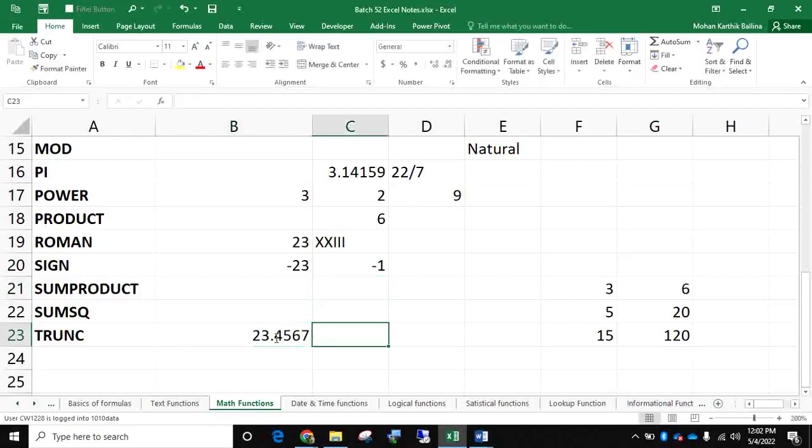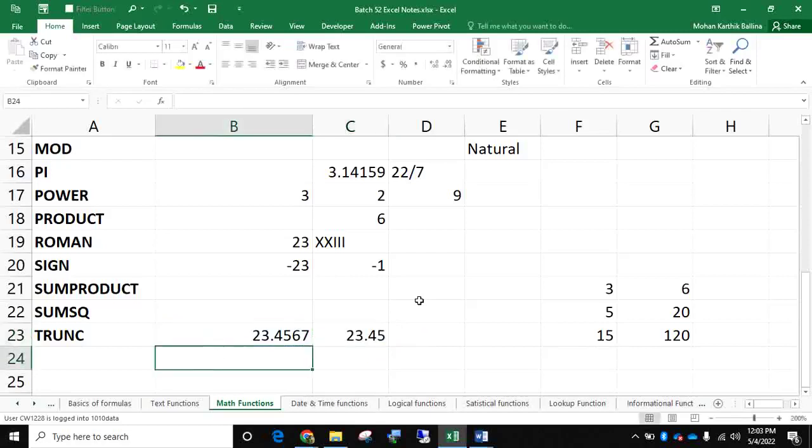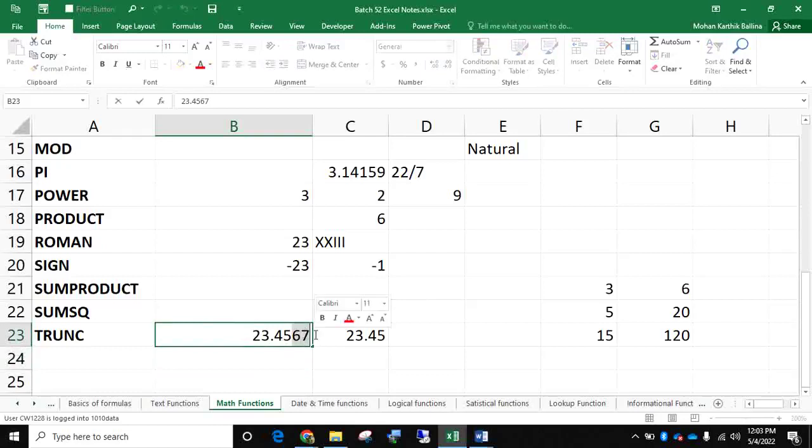23.4567 truncate. Here truncate is used to remove the decimals. We are not rounding or rounding up, we are just removing the decimals. After the decimal, I want to see 2 numbers, that's it. It removes the decimals, that's it.